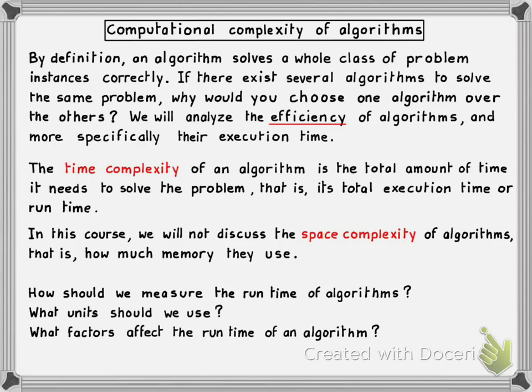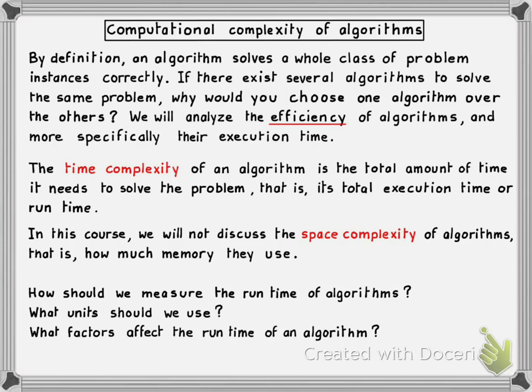And this implementation step has a lot of opportunities for external factors to affect the efficiency of the algorithm. So, for example, a given algorithm may run at different speeds when written in a different programming language, or when executed on a different computer.